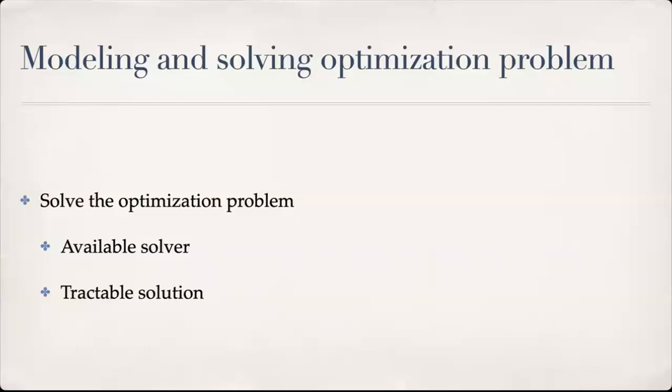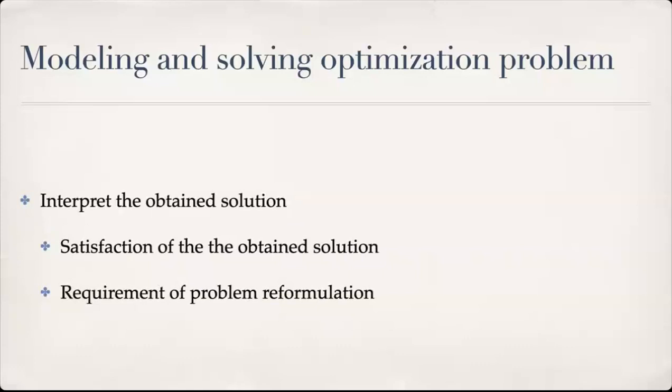But most of the time you solve the problem in 1 hour, but you have to implement something. You have to adjust the manipulated variable. In that case, it's not a tractable solution, right? If you need a solution in 1 minute, of course, the whole process must be finished within 1 minute, right? So you have to consider if your optimization problem and also your solver is tractable or not, okay?